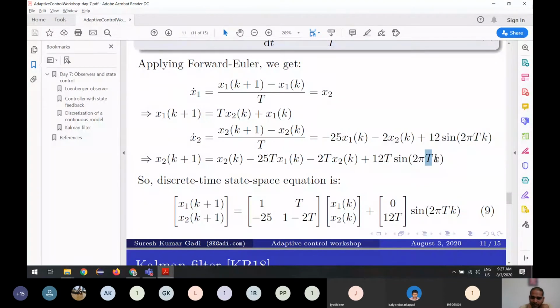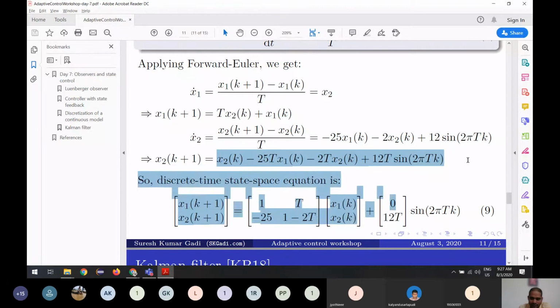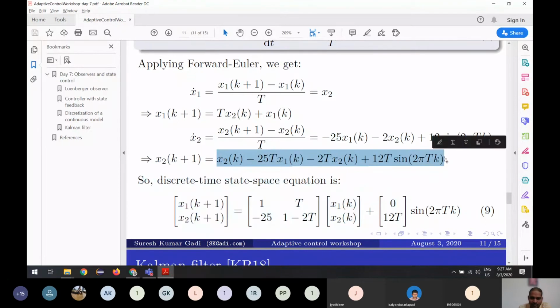Instead of t, I'm using t times k, because we get information only at regular intervals of t. So in this equation, the future value depends on the present values. This is the difference equation we want.